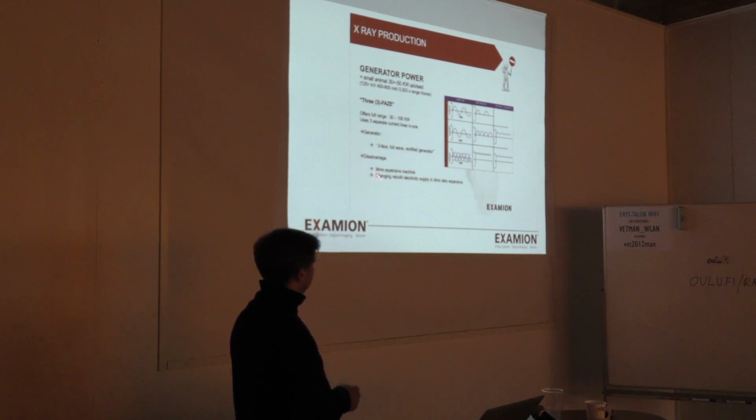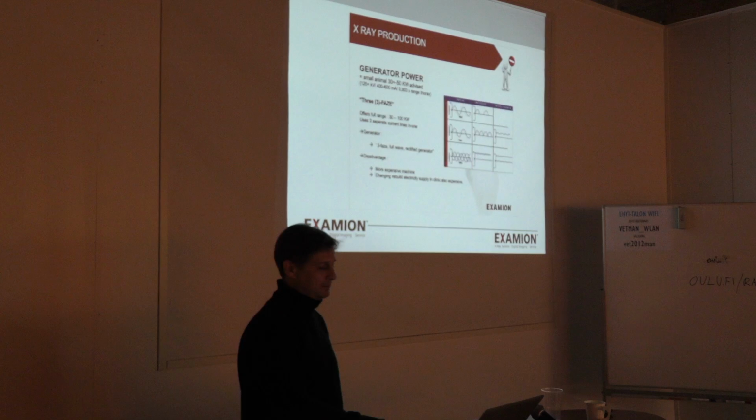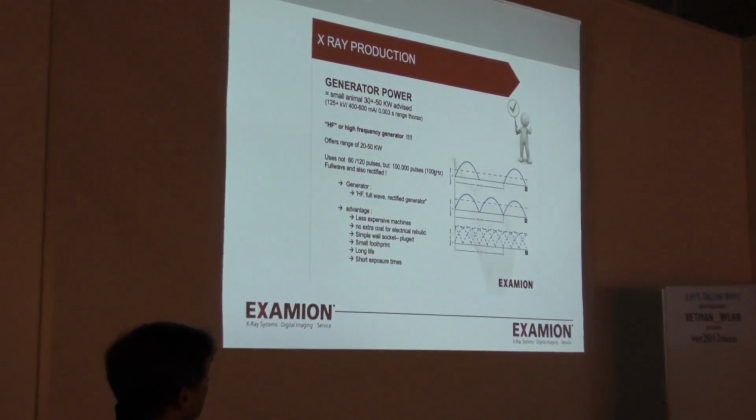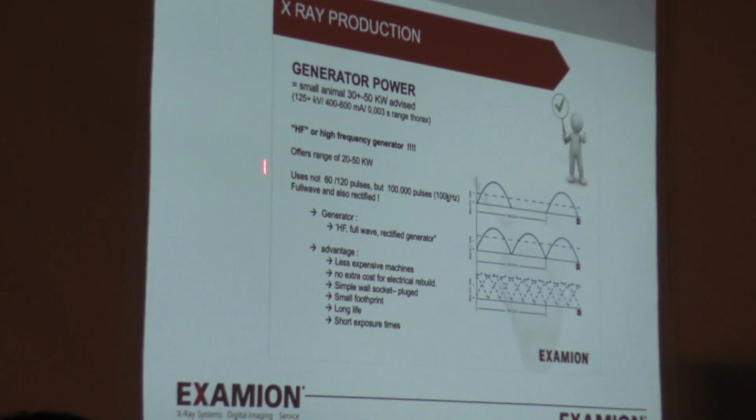Now, the bad thing in the past was that, to be able to do that, you had to practically rebuild the electrical network of your clinic, sometimes even down to the streets where you have the main line of electricity, to be able to get this amount of power into your clinic for this machine. And that has changed a little bit. It has changed because, although it has existed a long time, it has been developed again and again in a better way, we also have the high frequency machines.